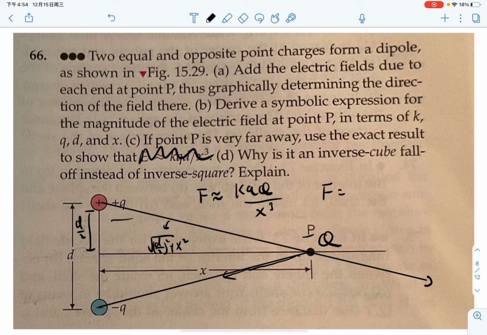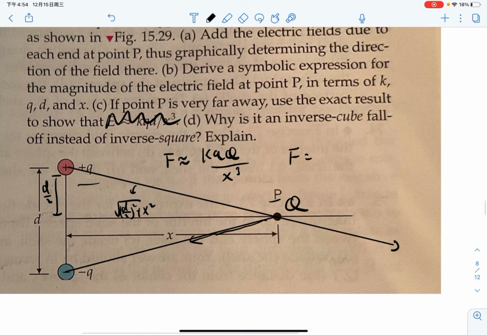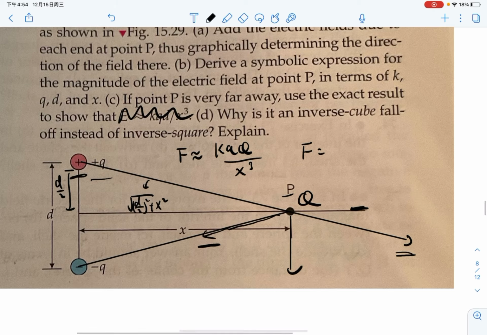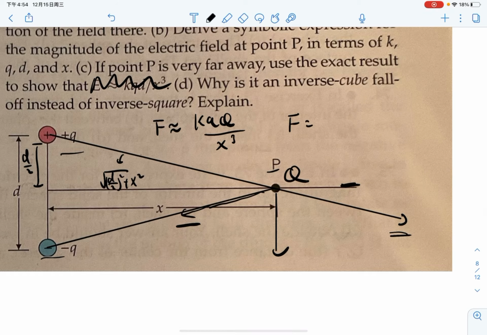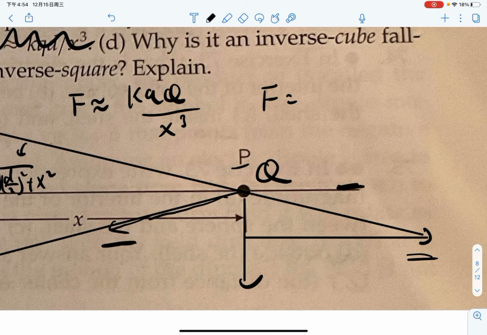By symmetry, we can see that the forces result in another vector that is perpendicular to this line, because it is symmetrical. Now we only need to care about the force acting in this direction.